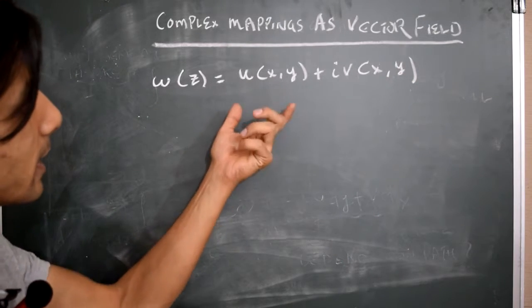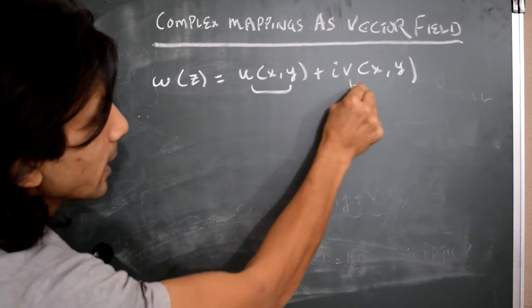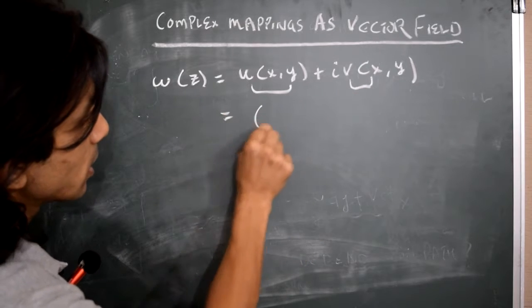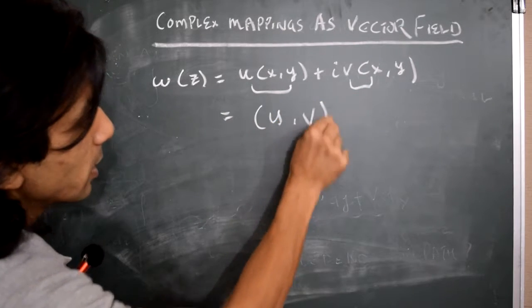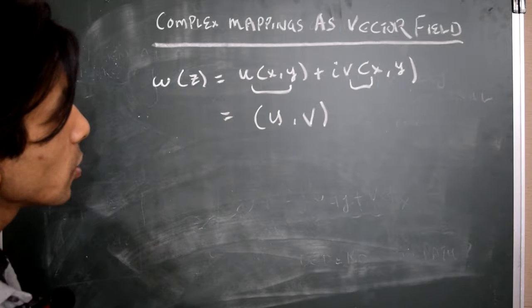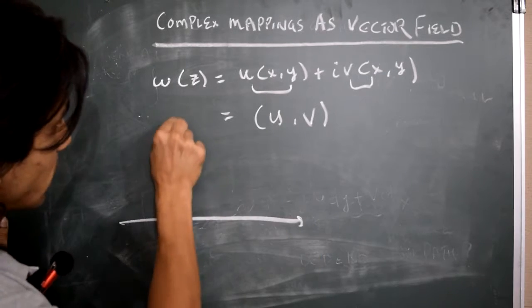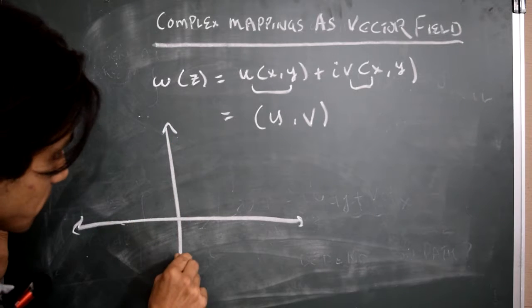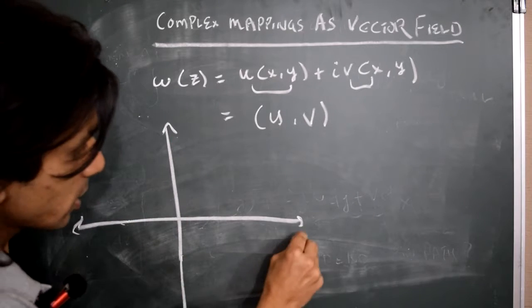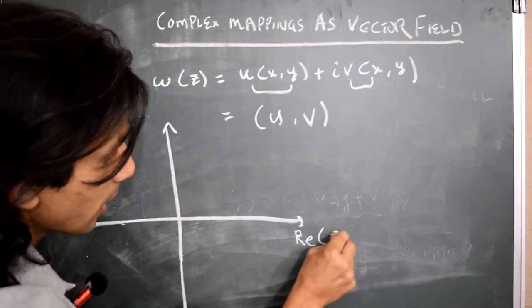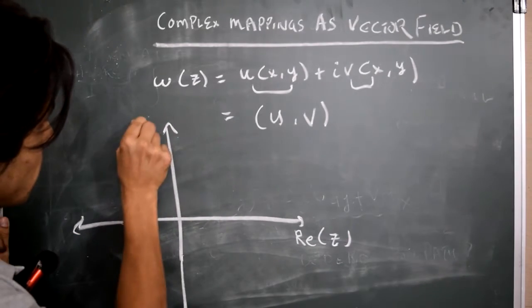And if you think about this, then these two can be thought of as two components of a vector field (u, v). So let's say we draw our complex plane, the z plane. This is the real part of z, and this is the imaginary part of z.